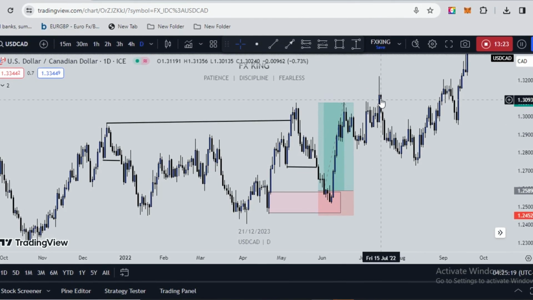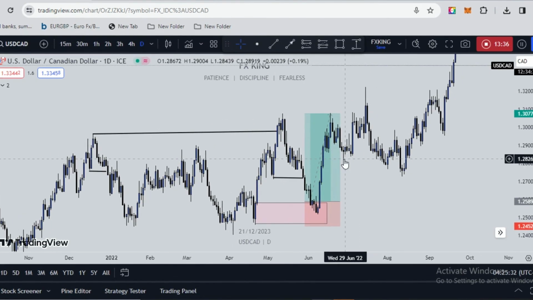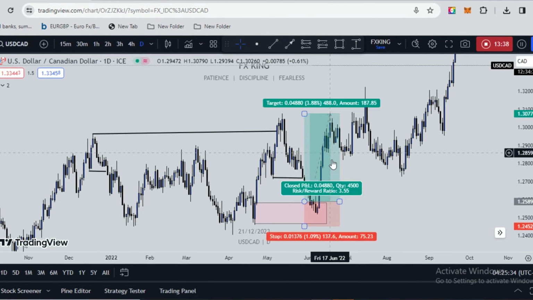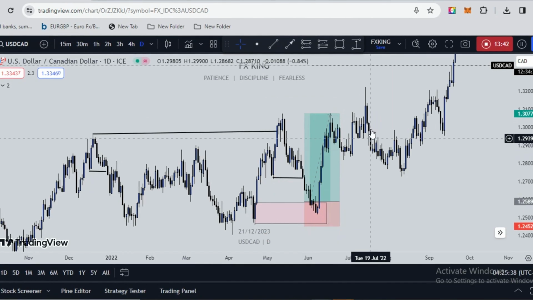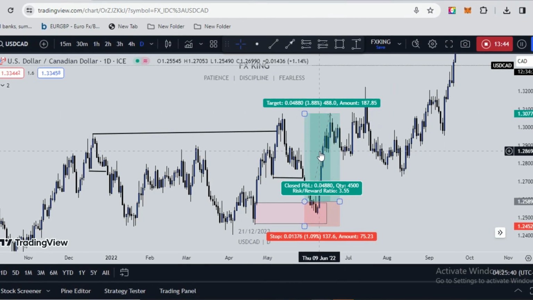So now after this, where is our inducement? Let's take a look at our highest candle here. So this was our level of inducement right here before this break of structure.